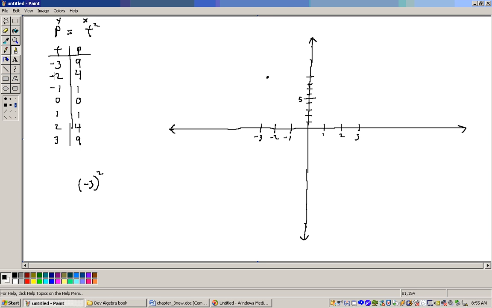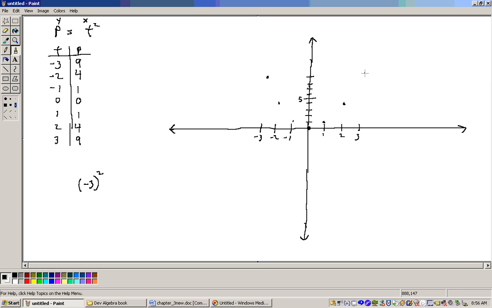My next point is at -2, 4. Next point's at -1, 1. Then I have a point at 0, 0. Another point at 1, 1. Another point at 2, 4. That's over 2, up 4. And another point at 3, 9.